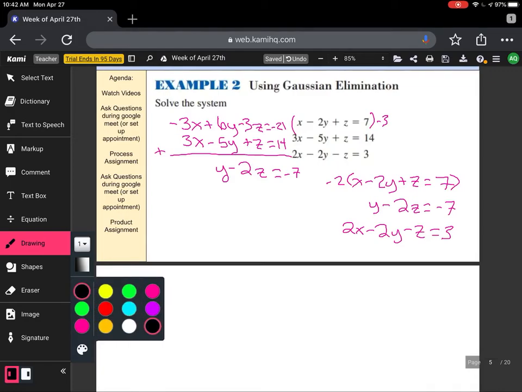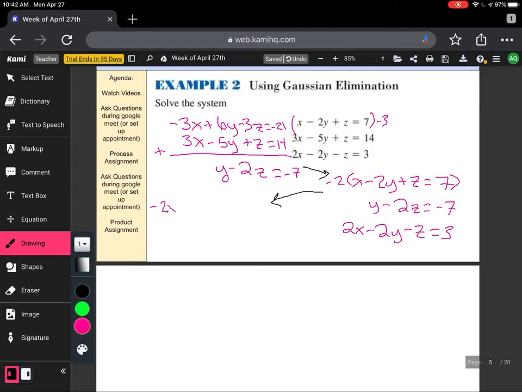And I'm going to go from here. Maybe arrows will help. I went this way. Now I'm going to go this way. Okay, so multiply that top equation by -2. -2 times x, -2x. -2 times -2y, -2 times z. And my third equation now, I have 2x minus 2y minus z equals 3.